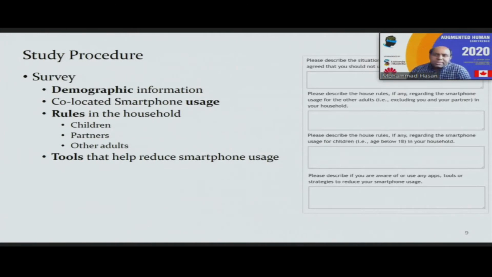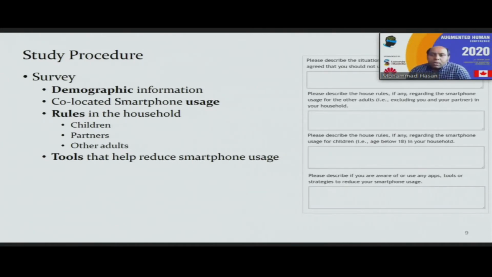What we did, basically, was design a survey with several sections aiming to collect related information from participants. First, there was a section where we collected demographic information such as participants' age, gender, their household conditions, and so on. After that, we asked about participants' co-located smartphone usage, just to get a sense of how much time they spent on smartphones when they're with their family members.